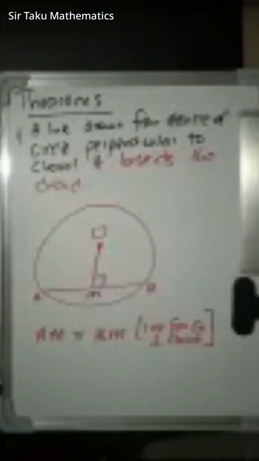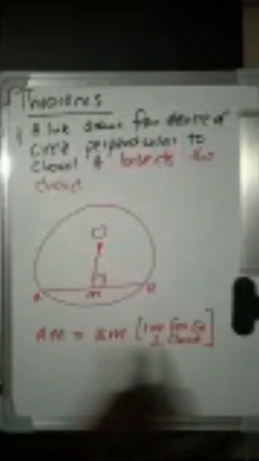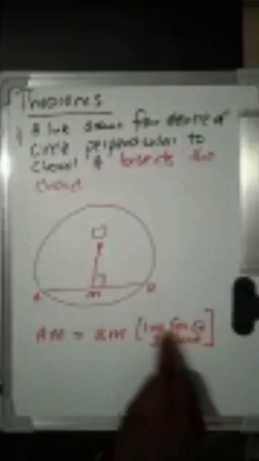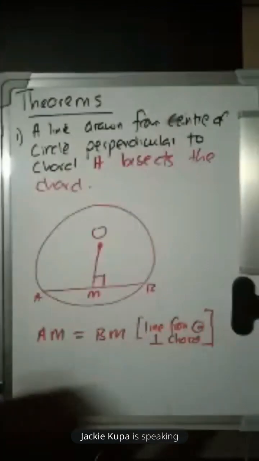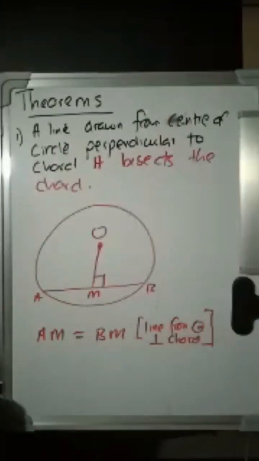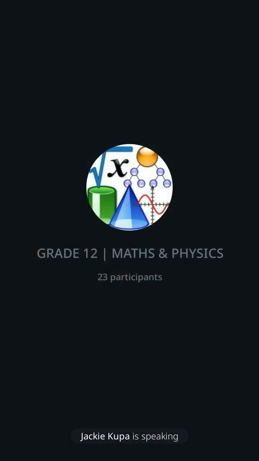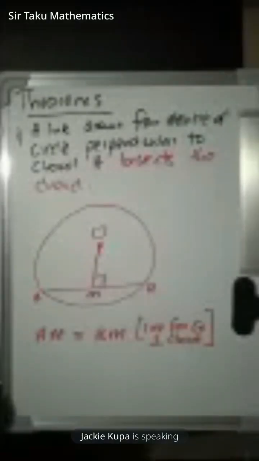I hope I'm going to move at the speed that is required. So the reason there is line from center perpendicular to... it's blurry. Sorry? Hello? Sometimes we can't see very well. Sometimes it's coming late, but now it's okay. Now it's blurry again.